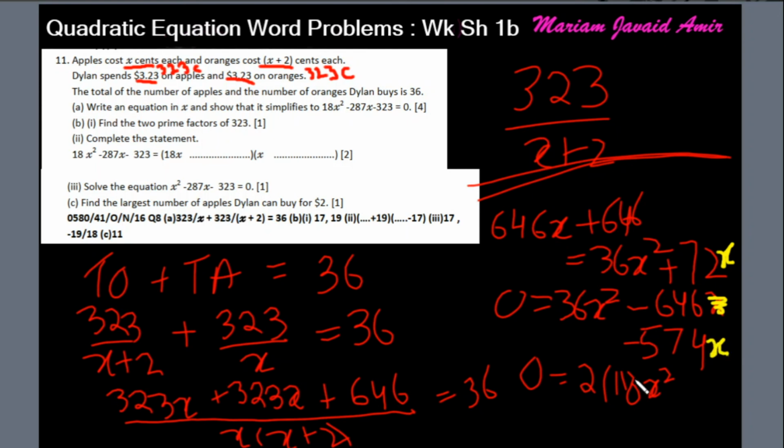So now this will become 18x square minus 287x minus 323. Take 2 to the other side, it gets eliminated by being divided with 0, and we get this required equation.